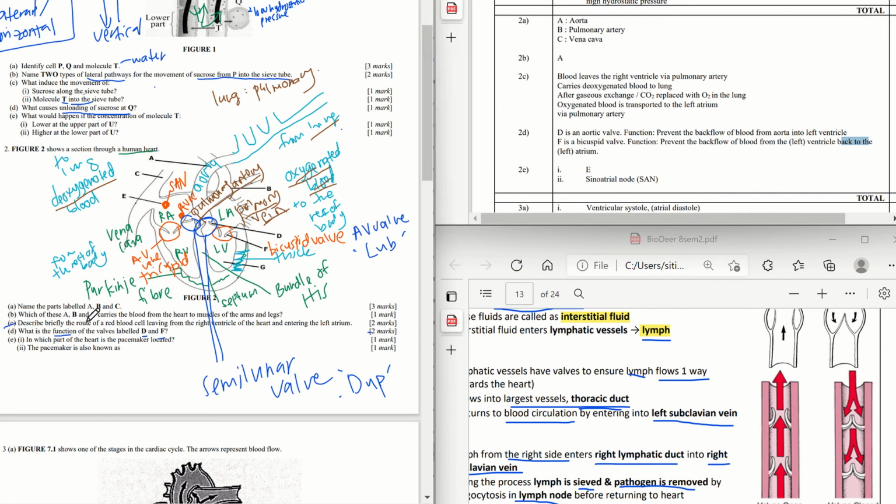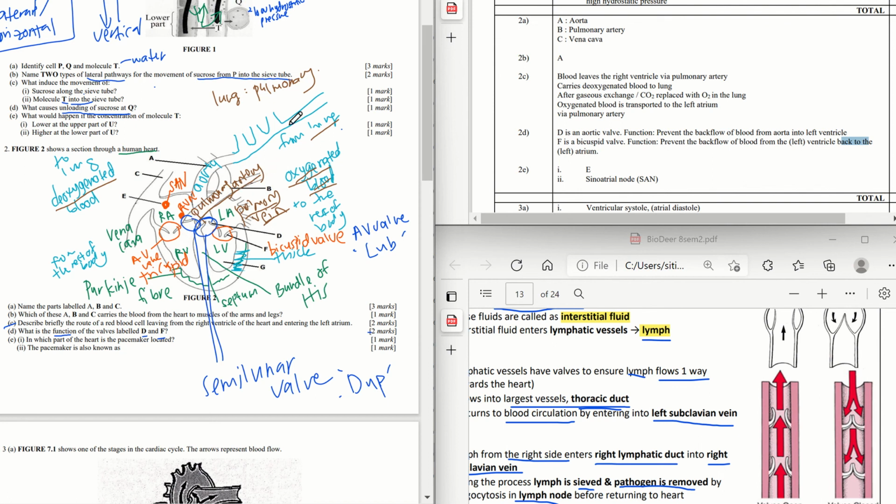Describe briefly the route of a red blood cell leaving from the right ventricle of the heart and entering the left atrium. Okay, so macam mana blood daripada right ventricle dia akan pergi ke pulmonary artery kan?